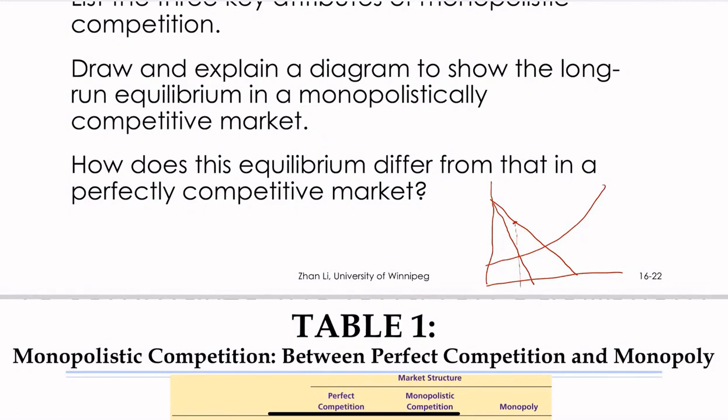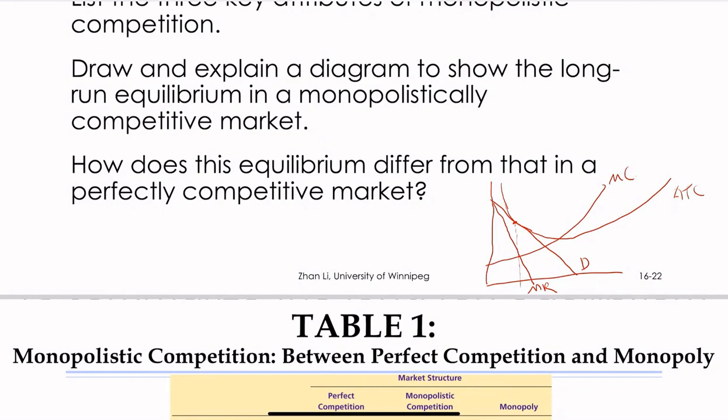And then you will draw an average total cost curve which just touches this point. So this is the ATC curve, MC curve, MR curve. This is the demand curve. How does this equilibrium differ from that in a perfectly competitive market? I should not erase this.